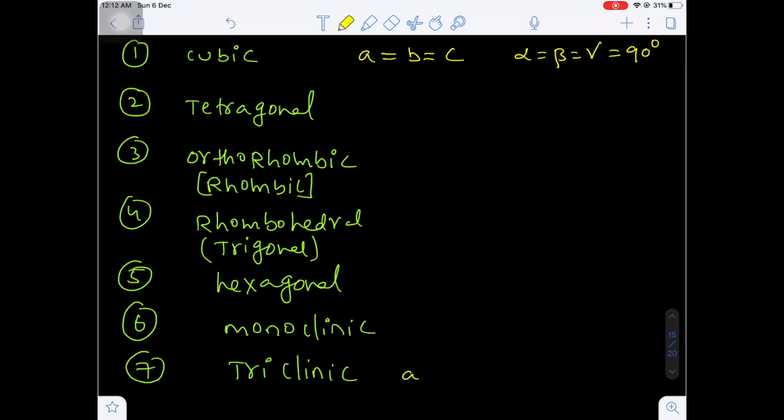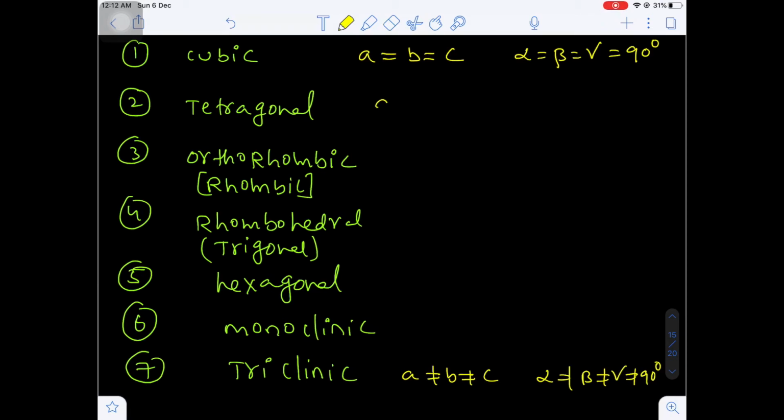And in triclinic, a not equal to b not equal to c, and alpha not equal to beta not equal to gamma not equal to 90. So it is very easy to remember the first and last one.